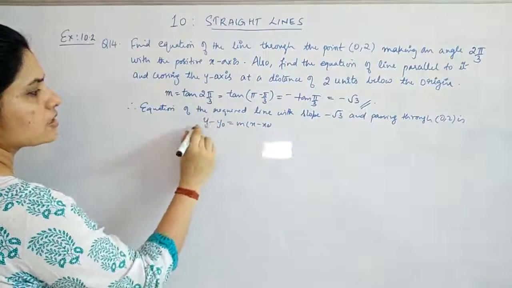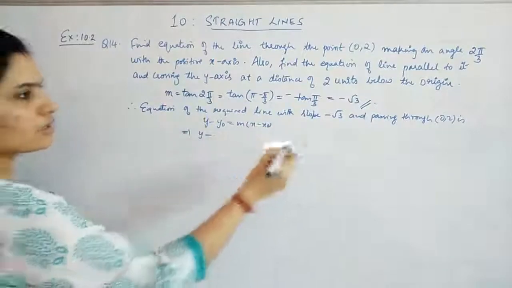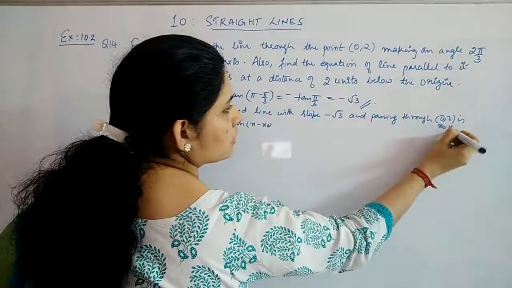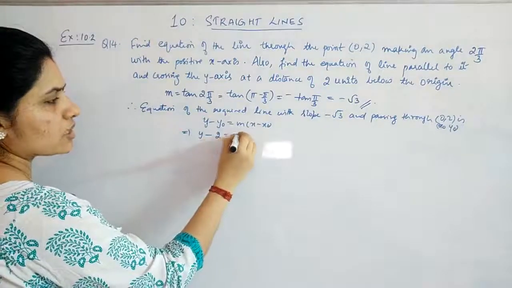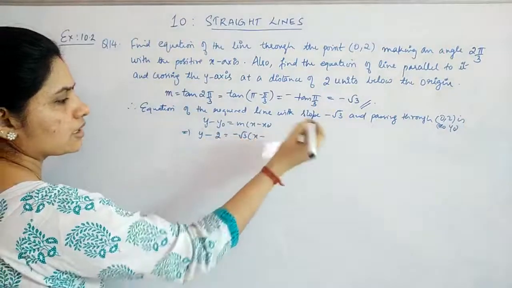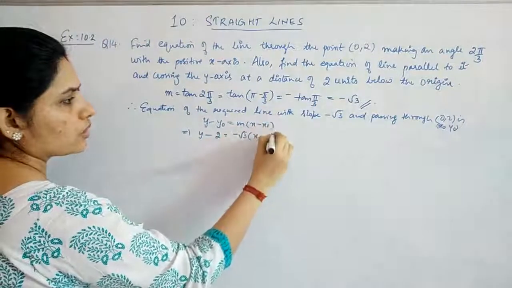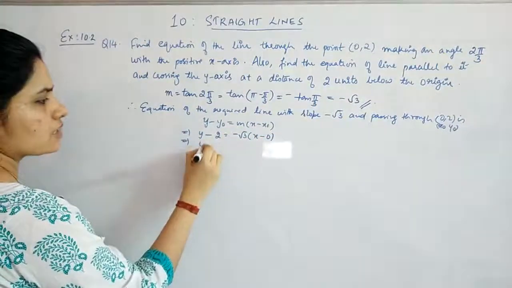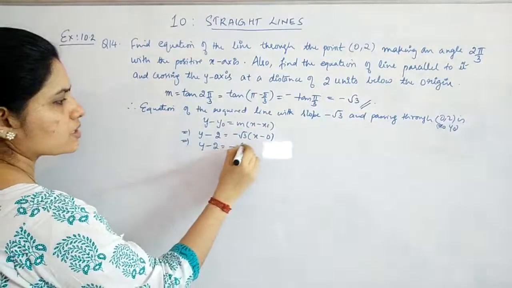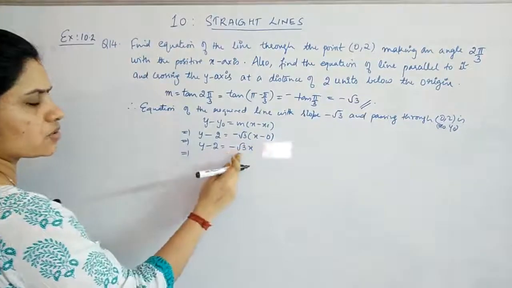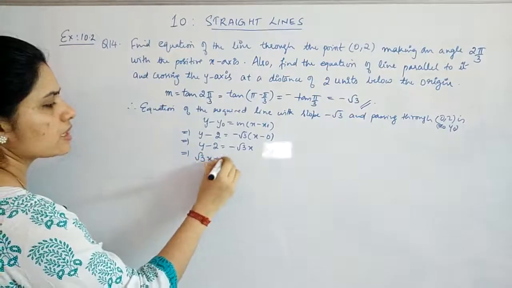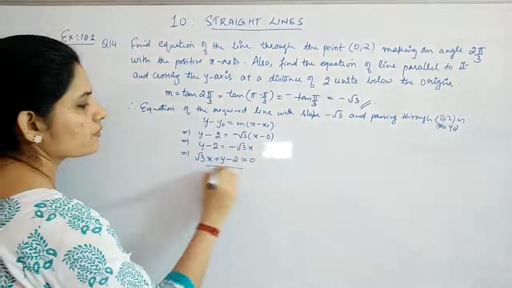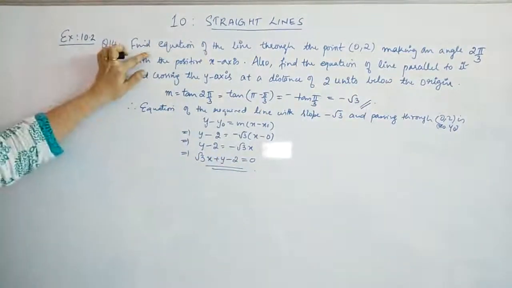Here this is your x naught, y naught. So y naught is 2, equal to m, which is minus root 3, into x minus x naught, which is 0. So you are getting y minus 2 is equal to minus root 3x, or take this term to the left hand side, so it becomes root 3x plus y minus 2 equal to 0. So first equation we got.